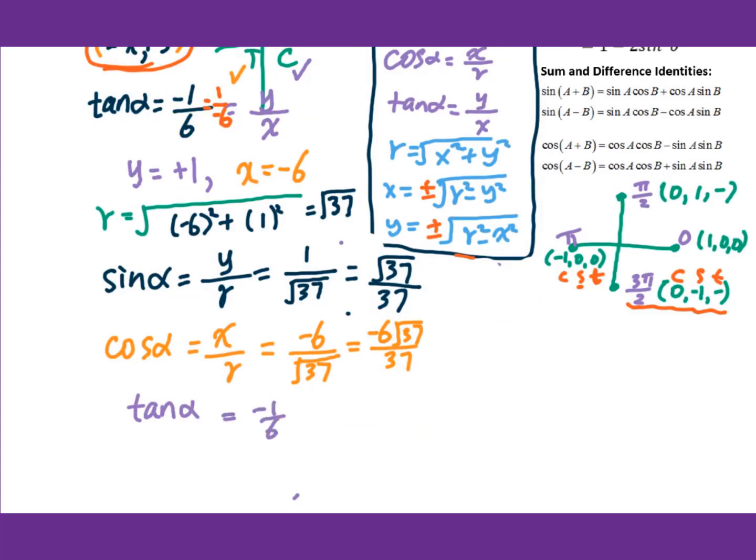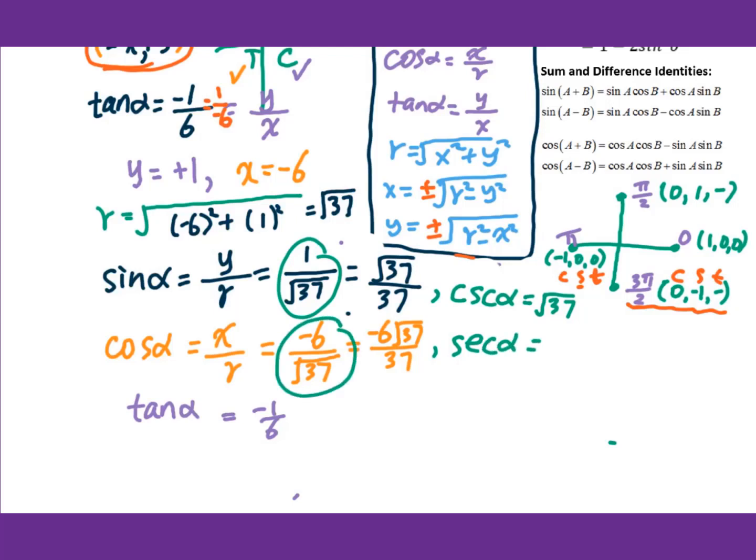Now we can figure out the remaining trig functions. The reciprocal of sine alpha, cosecant alpha, we flip this one, that is square root of 37. For secant alpha, we flip cosine, that is negative square root of 37 over 6.